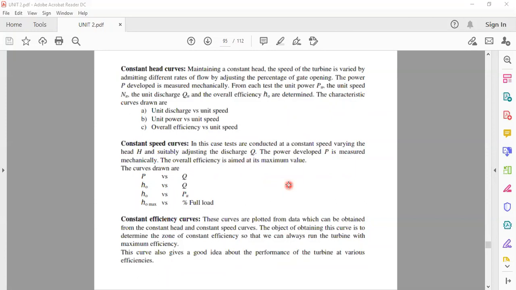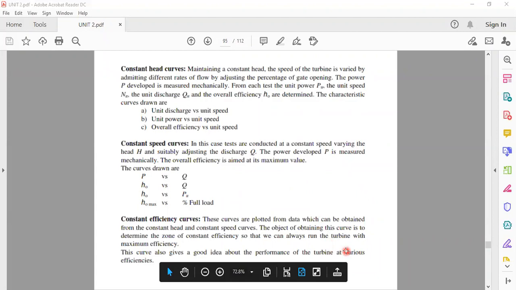Now, the constant efficiency curve. Here these curves are plotted from data which can be obtained from the constant head and constant speed curves. The object of obtaining this curve is to determine the zone of constant efficiency so that we can always run the turbine with maximum efficiency.